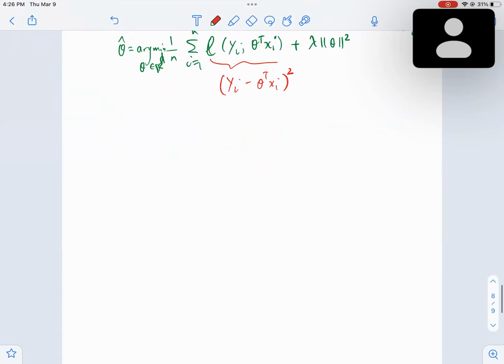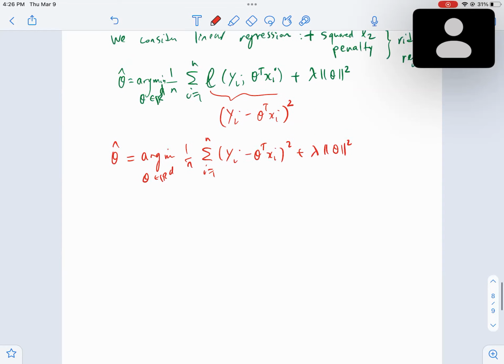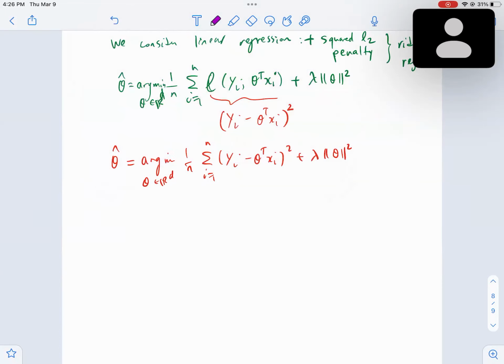So the problem is theta hat equals argmin over theta in R^d of 1 over n, the sum from i equals 1 to n of (y_i minus theta transpose x_i) squared, plus lambda times the L2 norm, which is just the sum of theta_i squared for i from 1 to d. Lambda is the regularization parameter.